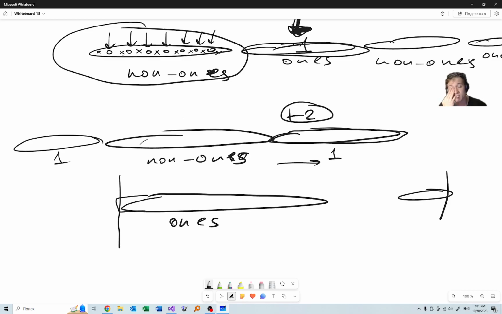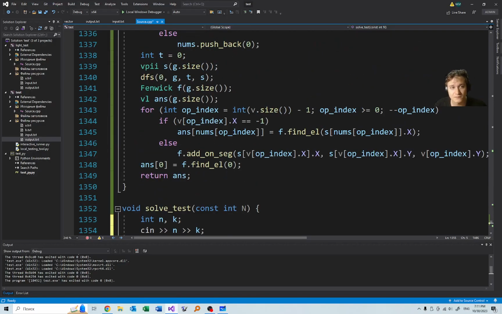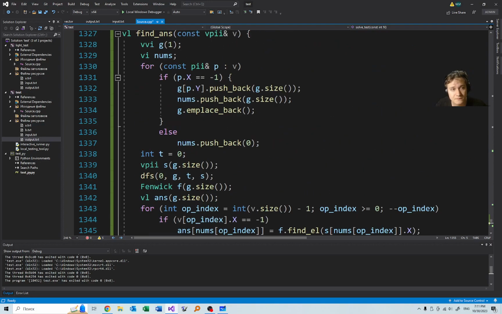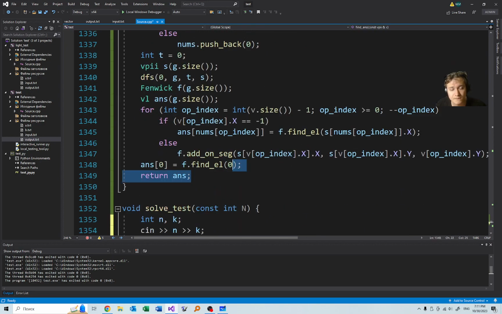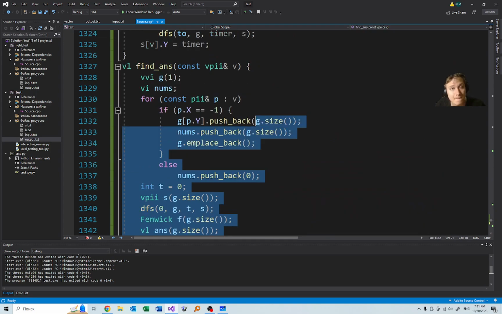Yeah, we try to eliminate it. And if we do, we get additional +1 to the answer. Great problem, very interesting.